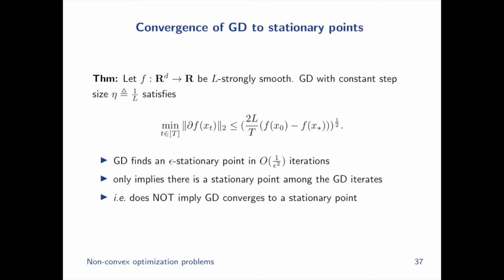Okay. So just to hammer home how much slower this rate is, we can turn this problem on its head and look at how many iterations of gradient descent you need to guarantee that you find an epsilon stationary point within this entire sequence of iterates. So the analog to this question before is, how many iterations for gradient descent do you need to find an epsilon suboptimal point, or a point that's within epsilon of the optimal solution x star?